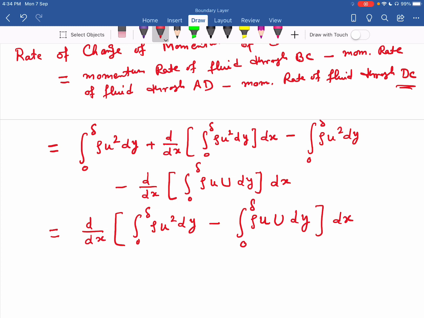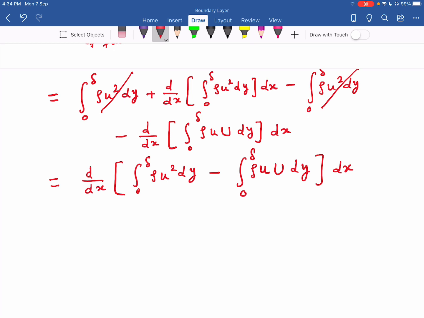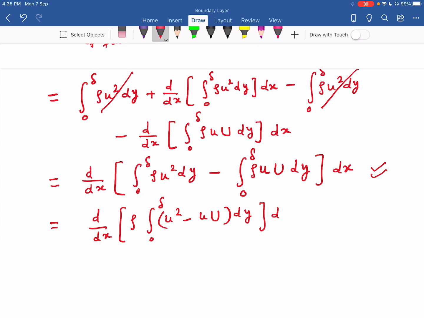You can see this term cancels with this, so now we are left with this term. Now take ρ out. Within the integration 0 to δ, I have (u² minus uU) dy into dx. So ρ is constant.